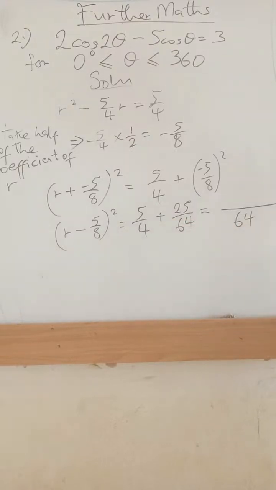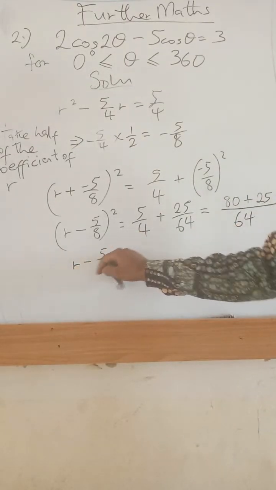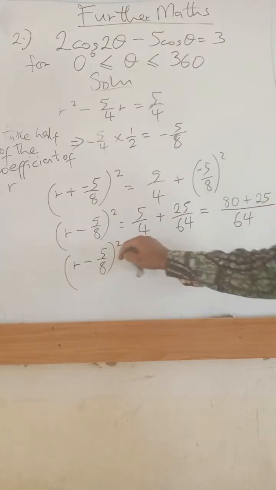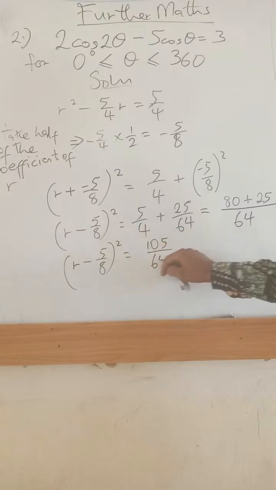How many times will 4 go into 64? 16 times, and then 16 times 5 gives you 80. And then 64 goes into 64 once, times 25. So moving on from there, you have r minus 5 over 8 squared equals 105 over 64.